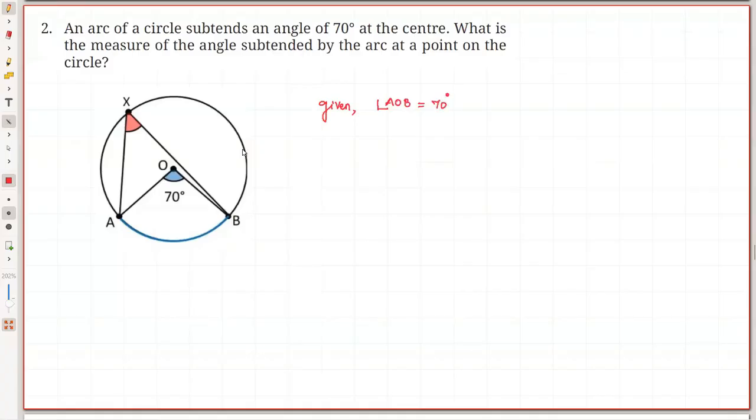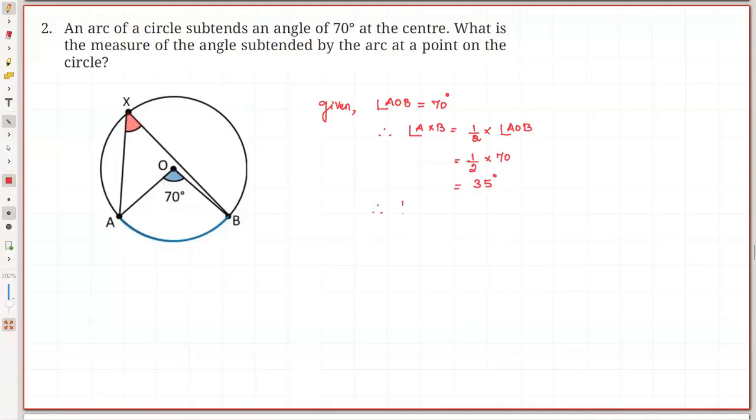They're asking AXB. Therefore we can write AXB is equal to half of angle AOB. Half means 1 by 2 into 70°, which gives 35°.